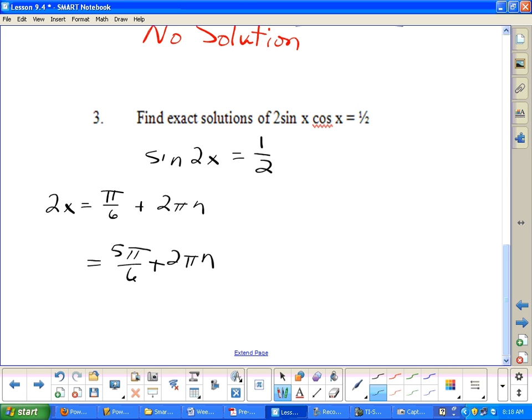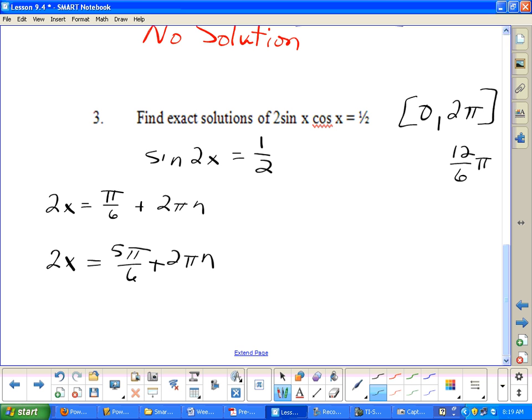Now, our answer has to be between 0 and 2 pi. All right? That means that if my denominator is 6, anything bigger than 12 over 6 is outside the realm of 2 pi, right? Okay. Now, this is what 2x equals.